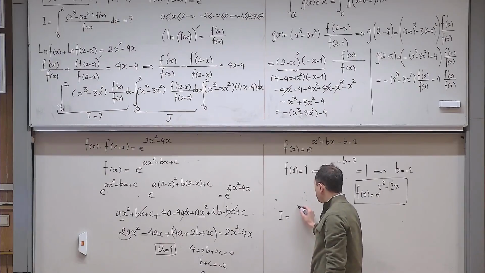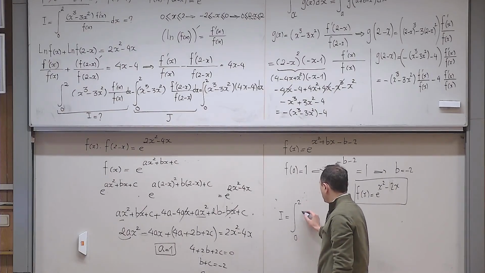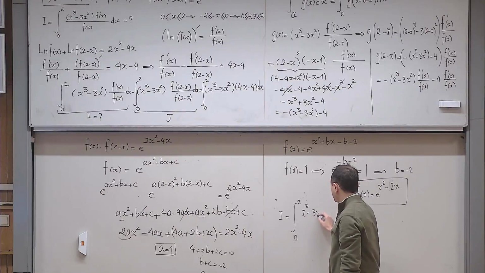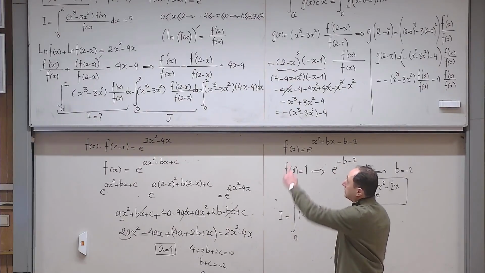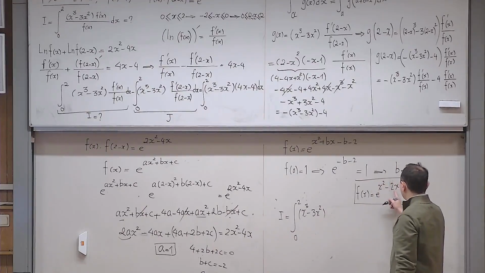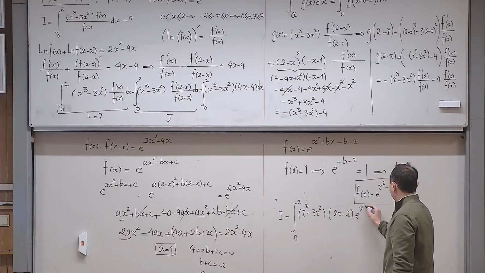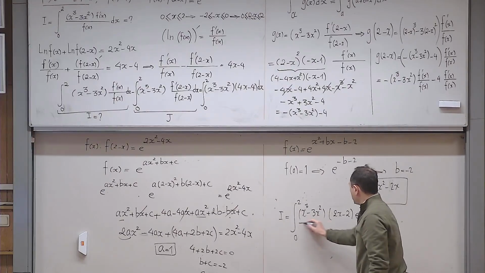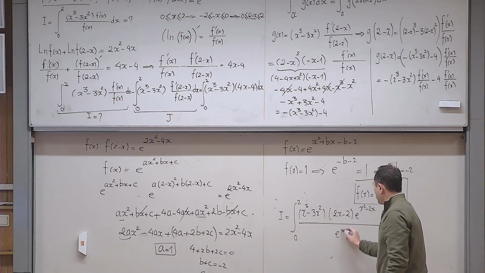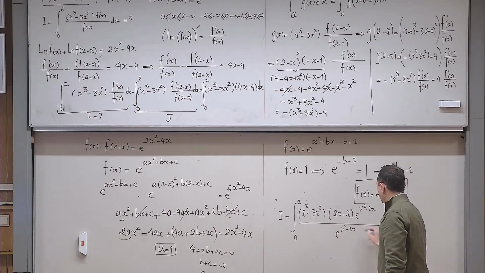Okay? So this becomes the integral from 0 to 2 of x cubed minus 3x squared, and then f prime of x, which is the derivative of this combination, 2x minus 2 times the function itself, divided by the function, which is the same function, and then dx.